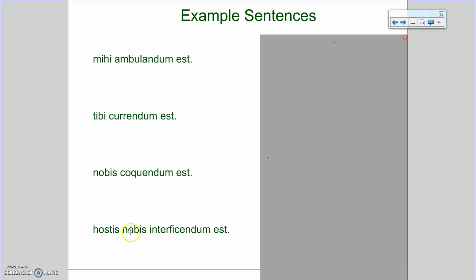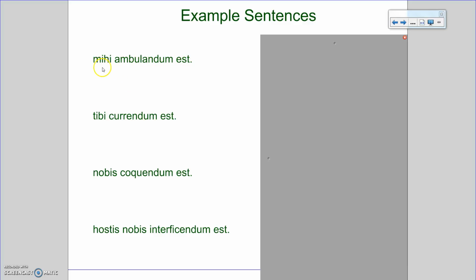Now the reason why they use the dative case is a little bit complicated. I won't go into too much depth, but the fancy term for gerundive is the future passive periphrastic. Now you can probably see why I call it gerundive versus that. It's way easier to say and it's less intimidating for you. The literal translation of mihi ambulandum est would be, it is for me to be walked.